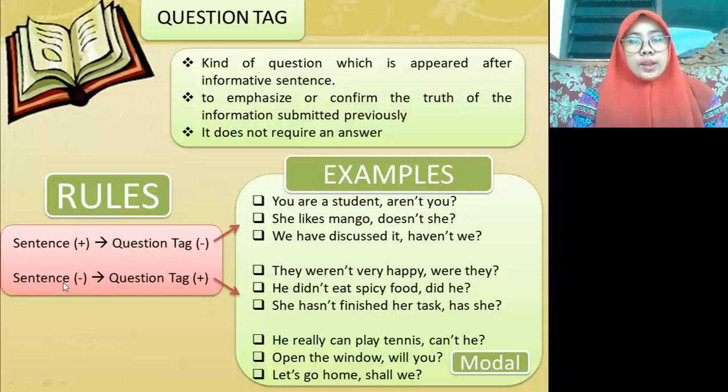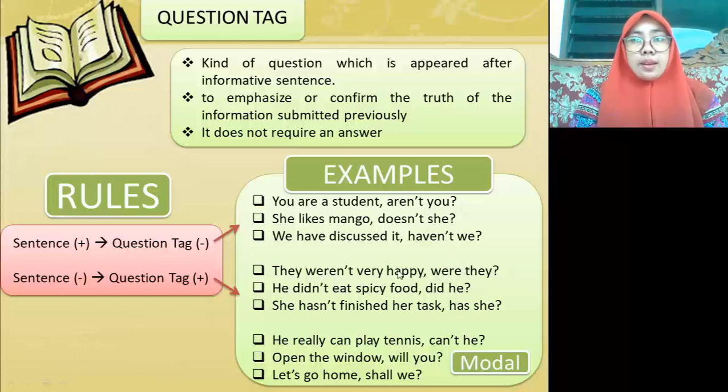The second rule is if your sentence is negative, then your question tag is positive. They weren't very happy, were they? Weren't is negative, and then your question tag must be positive, so it becomes were. Were comes from weren't.